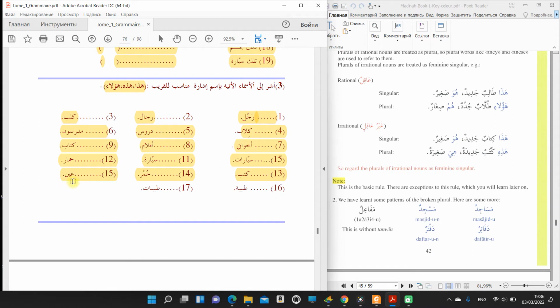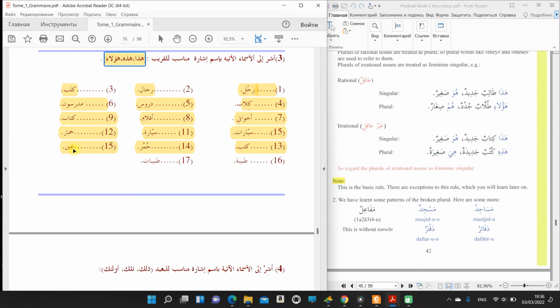عين. عين, it means an eye. What do we use? هذا, هذه, or هؤلاء? Well, the right answer is, of course, هذه. هذه عين. Because organs of the body that come in pairs are all feminine.